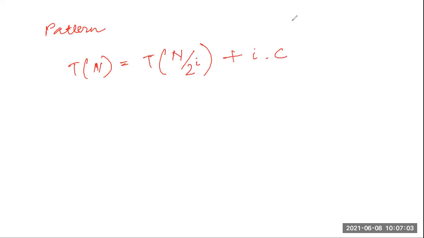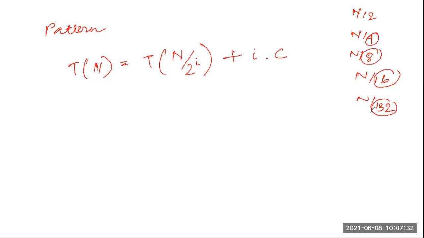Yes, ma'am. So, as this term will diminish, we will reach a time when there is only one element. First I started with n by 2, then n by 4, then n by 8, then n by 16, then n by 32. So this term will go to a point equal to n, whatever n we have.